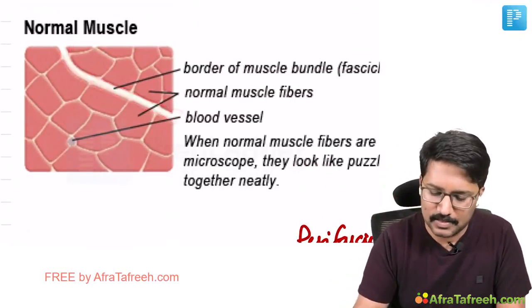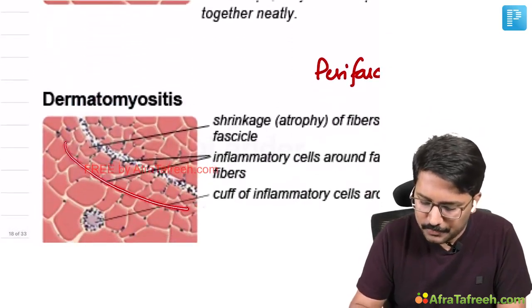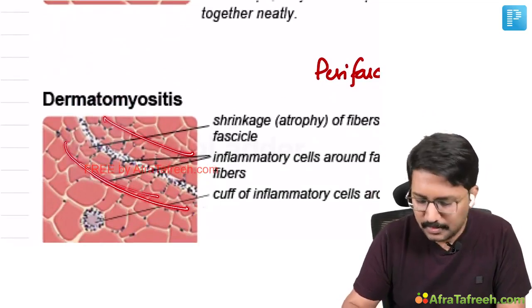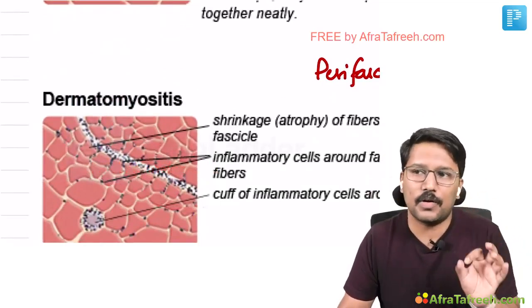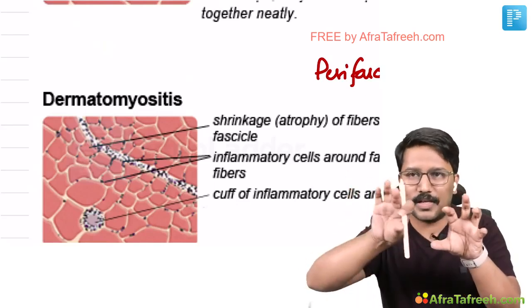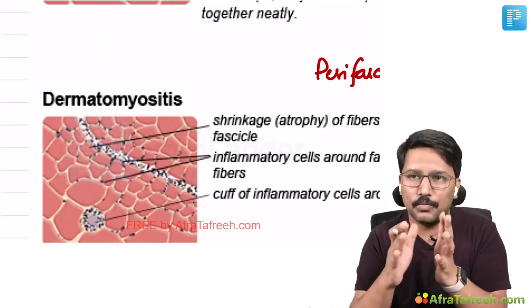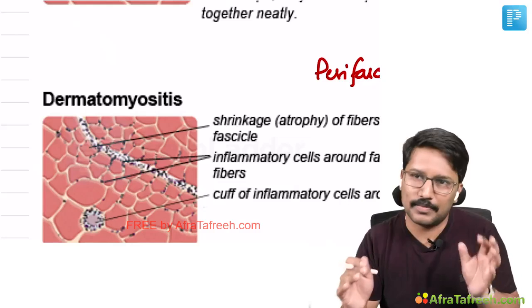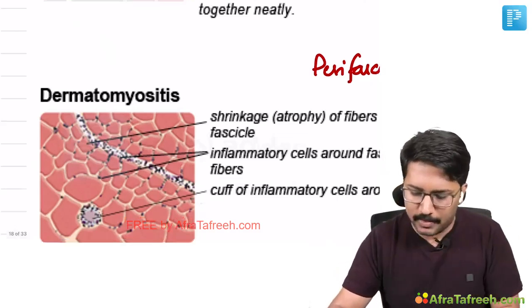This is the fascicle. This is the boundary of the fascicle. Now here, towards the edge of the fascicle, on both sides, you can appreciate that the muscle fiber size has shrunken. This is what we call perifascicular atrophy. So if there are two fascicles, towards the edge of this fascicle and towards the edge of that fascicle, the muscle fibers are atrophied. As you move away from the fascicle boundaries, the muscle fibers are of normal size. That is one finding, perifascicular atrophy.